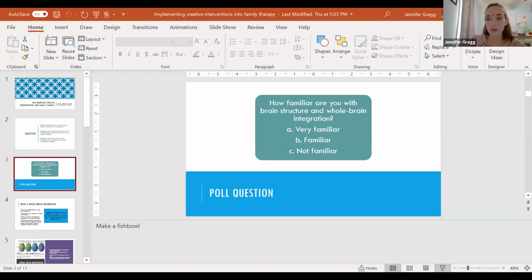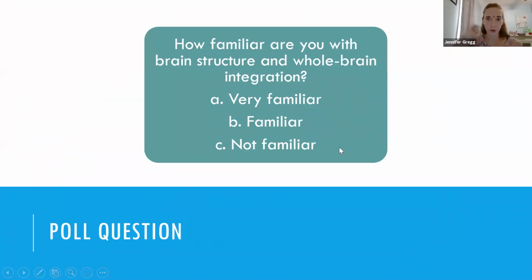Okay, so the first poll question is, how familiar are you with brain structure and whole brain integration? Everyone, just respond in the chat if you feel like it. The polling questions are optional. You're not required to answer them, but we are required to share them.